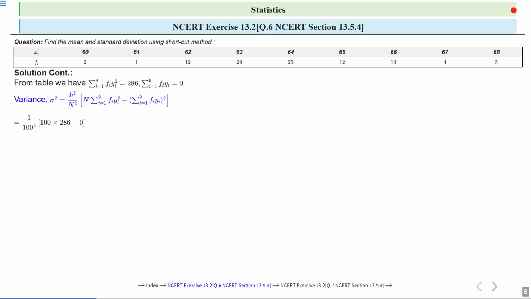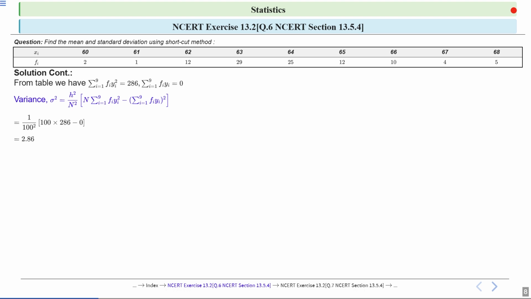Let's substitute the values into the formula. So we have h equal to 1, n equal to 100, the sum of fi times yi square is 286, and the sum of fi times yi is equal to 0. So the calculation becomes sigma squared equal to 1 by 100 square, times 100 into 286 minus 0. This step shows how we plug in the numbers from our table into the formula.